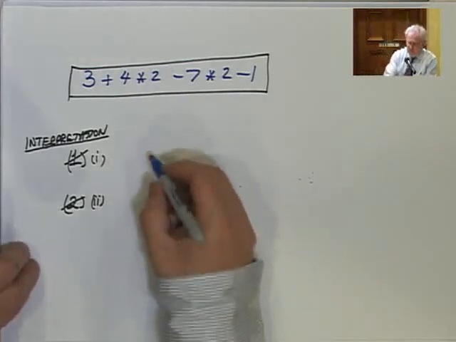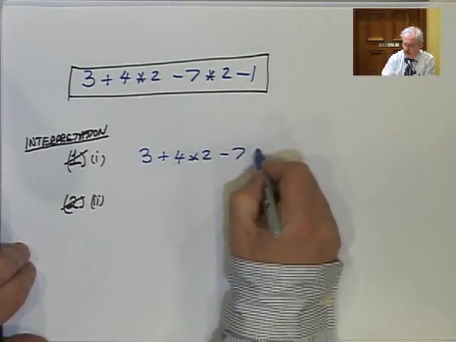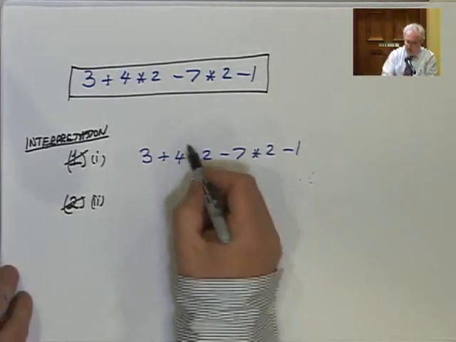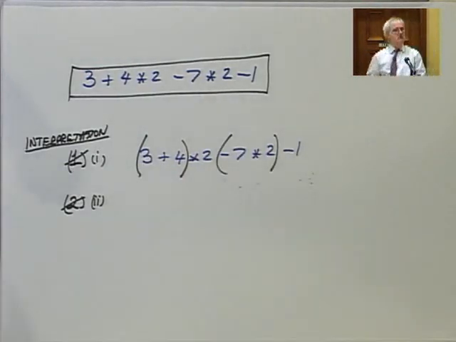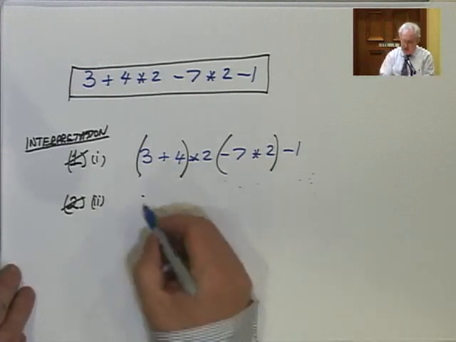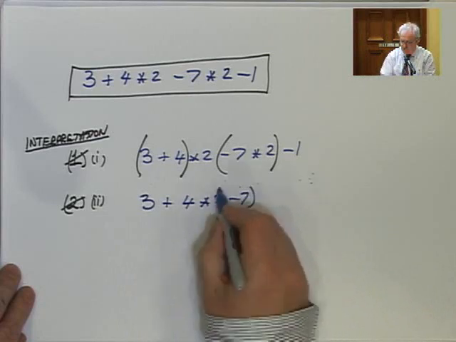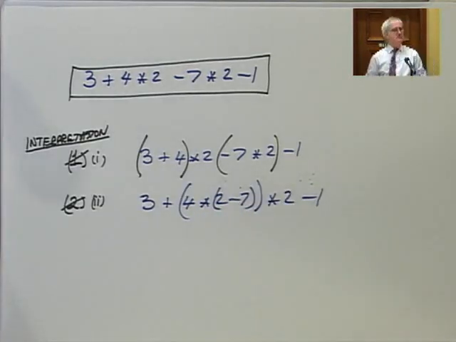You might have thought the first one is 3 plus 4 by 2 minus 7 by 2 minus 1, but there were sort of brackets here, brackets there. Or somebody else could interpret it as 3 plus 4 by 2 minus 7 by 2 minus 1.